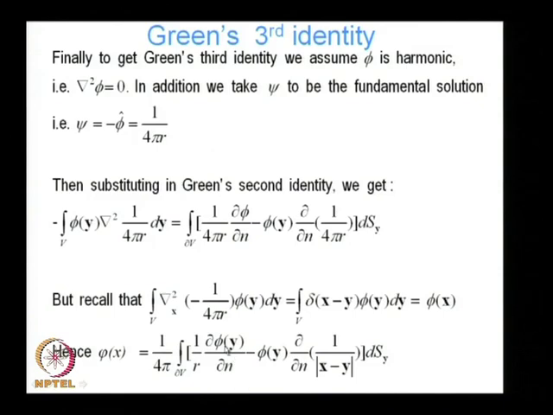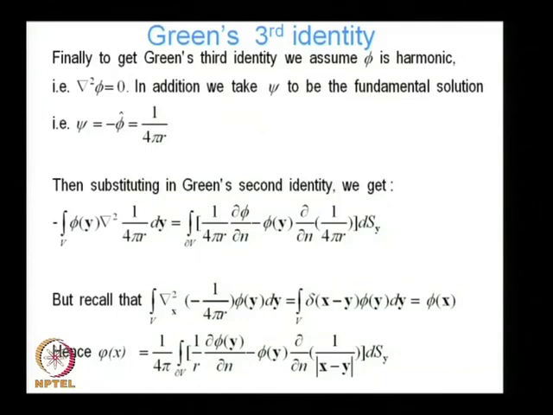Well, what is the solution? I can always find the solution if I know the value of the solution at the boundary and the gradient at the boundary. Green's third identity allows me to find the function at any point in the domain if I know the value of the function at the boundary and the normal derivative of the function. You can see the power of this approach.